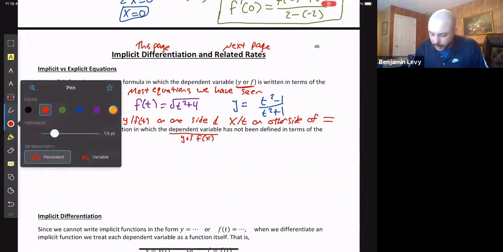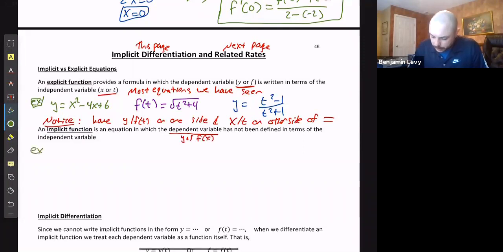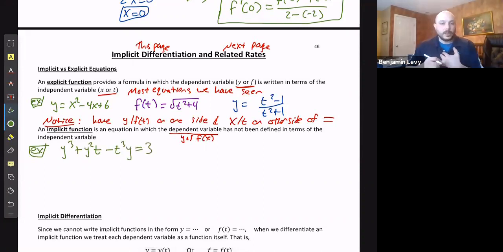So maybe something like y cubed plus y squared t minus t cubed y equals 3. We're still thinking about y as the dependent variable. It depends on the t. But now it's all mixed up. The y's and the t's are together on one side of the equal sign.